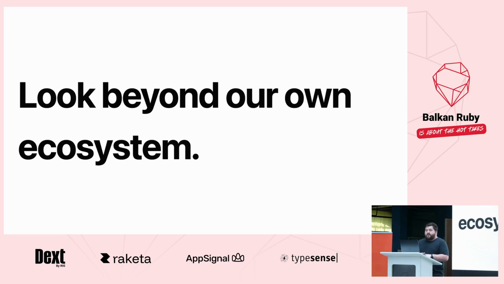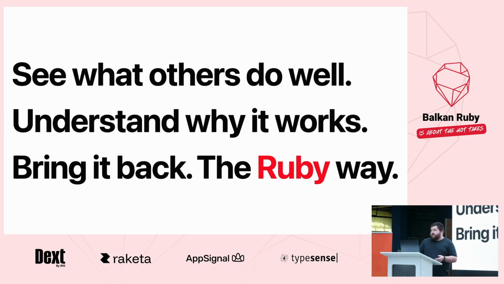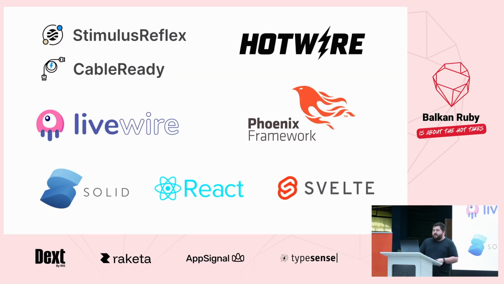So I want to look beyond our own ecosystem, see what others do well, understand why this stuff works in other languages, and then bring it back in the Ruby way. Some of the inspiration I looked at, as I mentioned earlier, is Stimulus Reflex, Hotwire itself, Livewire and Phoenix LiveView, and all these JavaScript frameworks.